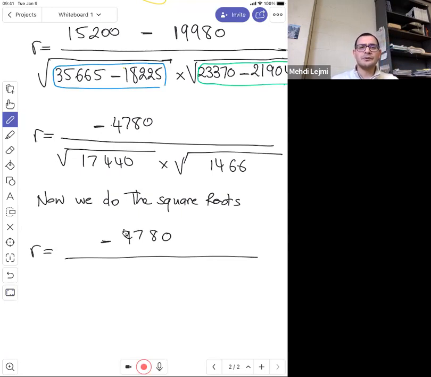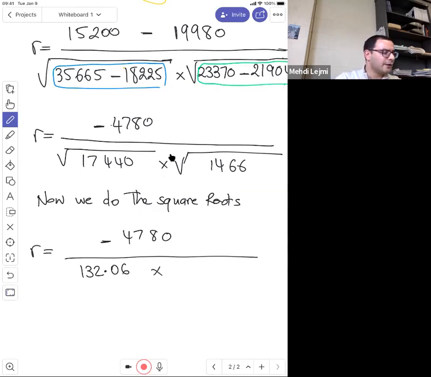If you don't know how to do the square root with your calculator, guys, please let me know. This is like the same thing with the standard deviation, where we had to compute the square root in the final step. So this is actually 132.06.